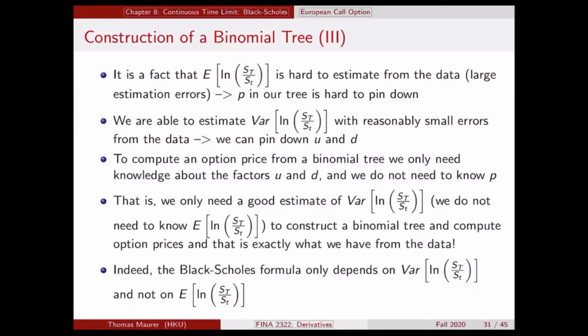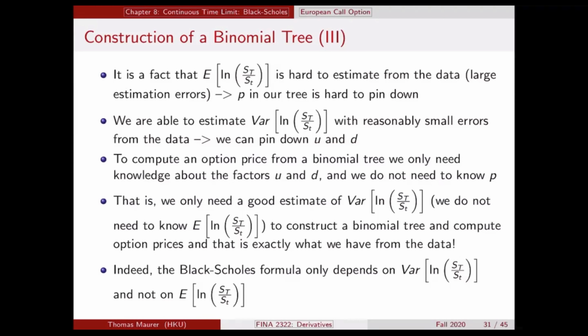It is a fact in the data. It's difficult to estimate the expected return, but again, this is only needed to figure out what is that true world probability P of an up movement in the tree. We can actually, from the data, estimate pretty well what is the variance or the volatility of log returns, and that's the crucial thing to figure out what is U and D according to our formulas here.